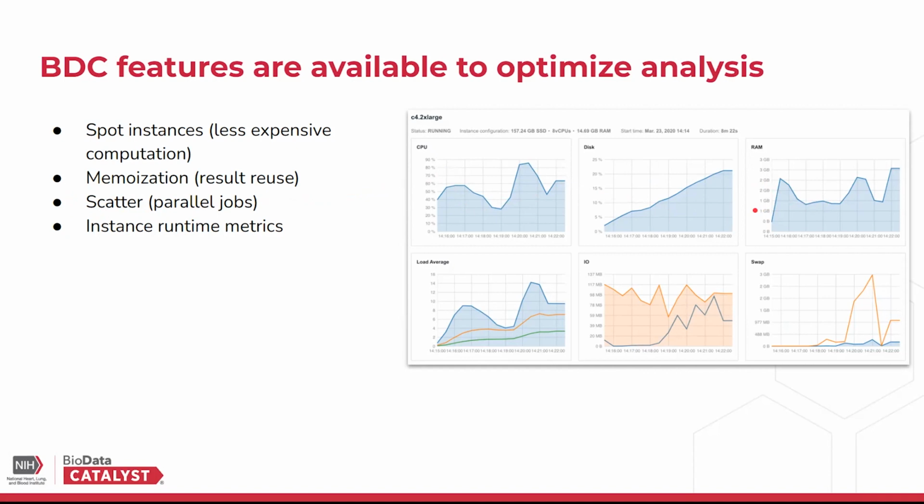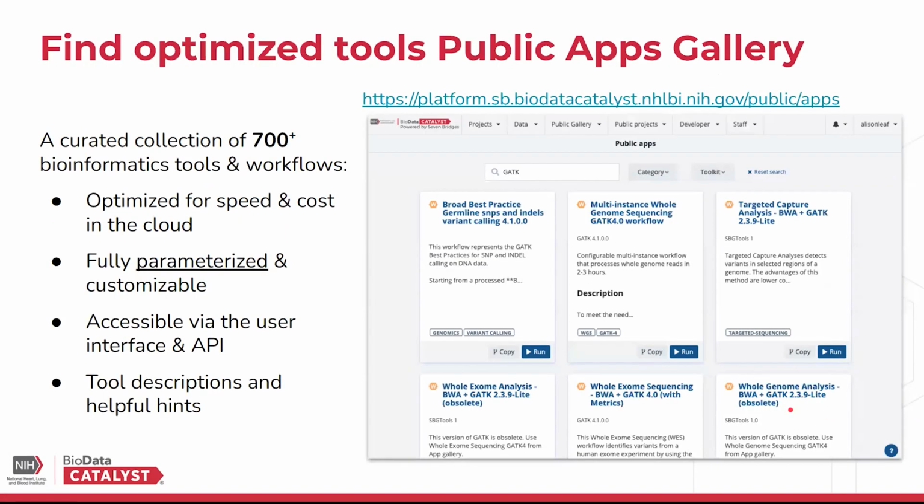They allow you to monitor CPU, your disk storage, and your RAM, so you'll be able to determine: is it just right? Did I choose compute that I'm not even using and I'm paying too much? Or is my analysis getting bogged down because I'm using all the RAM and it's being inefficient?